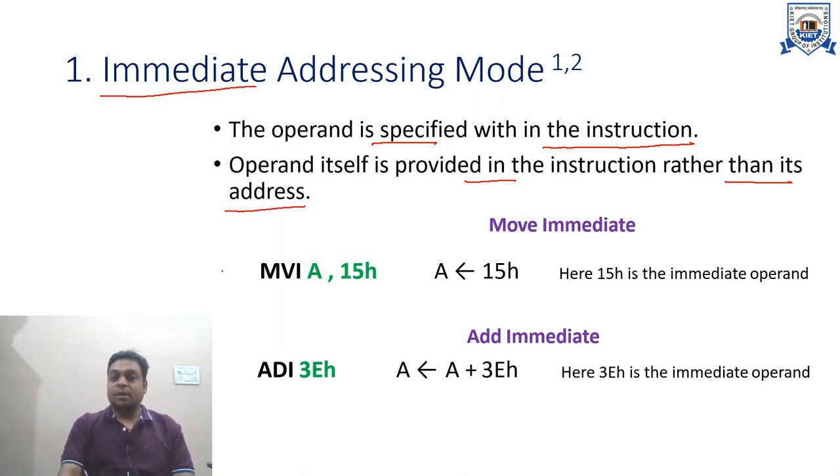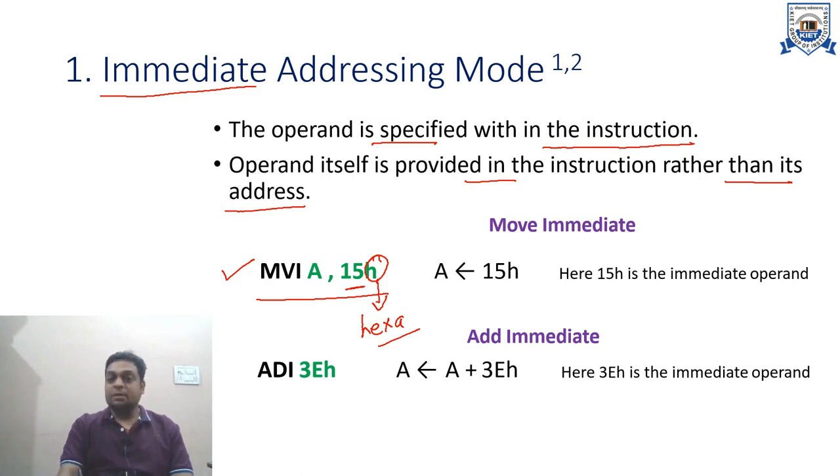Like here the example is MVI A, 15H. This H belongs to hexadecimal, means this is a hexadecimal number.